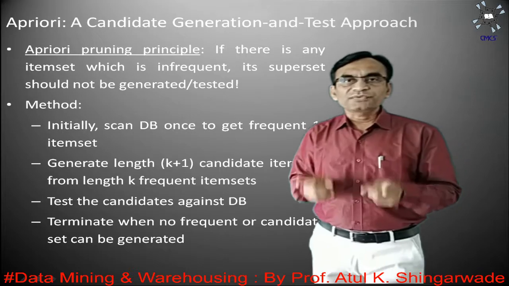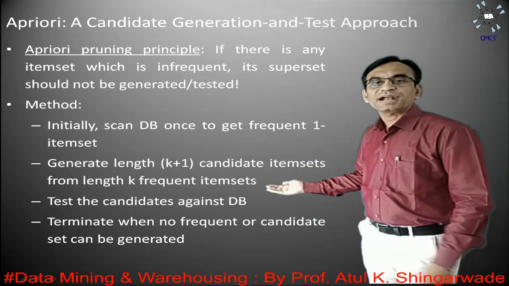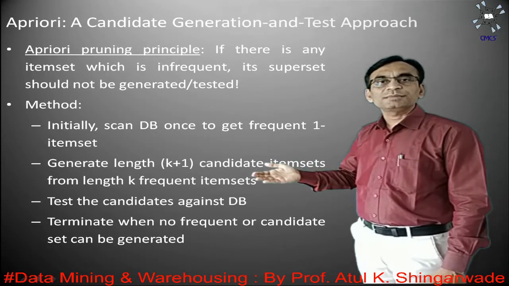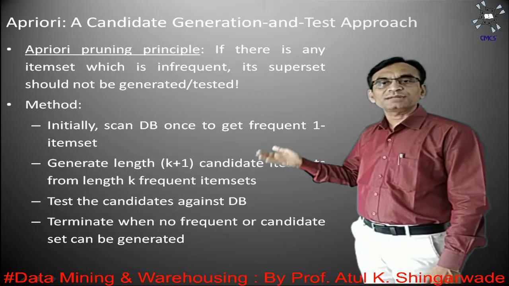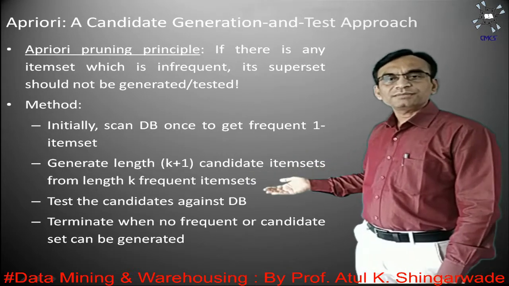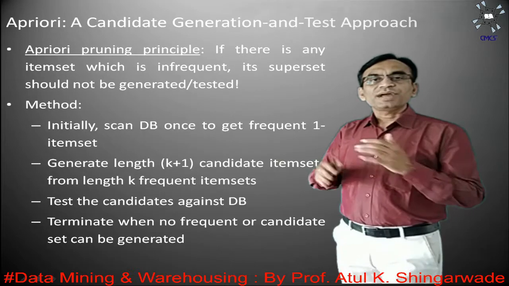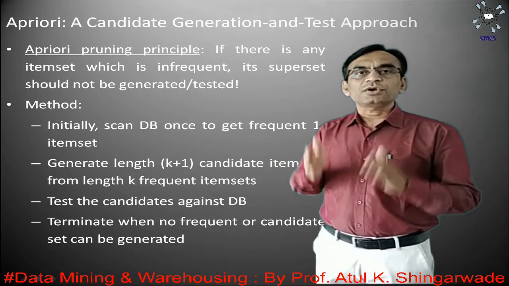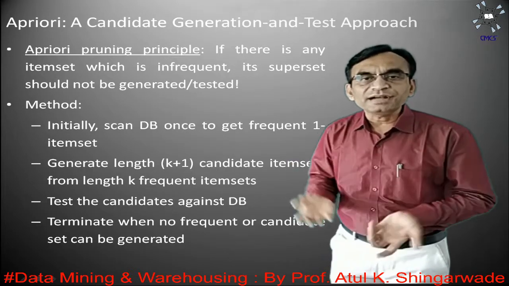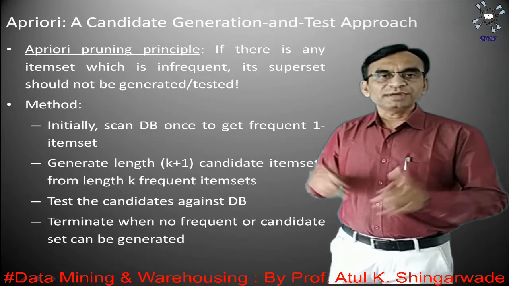From the frequent item set of length k, we generate a candidate item set of length k plus 1, where k is the total number of items in the item set.